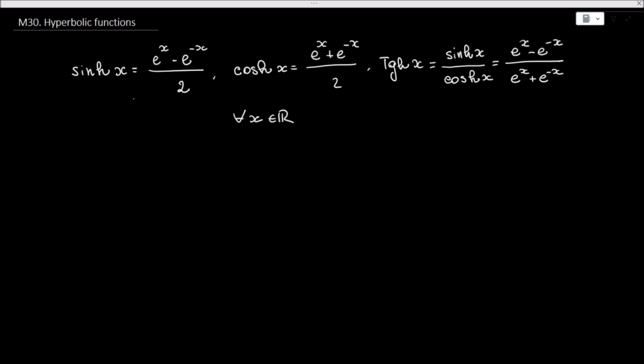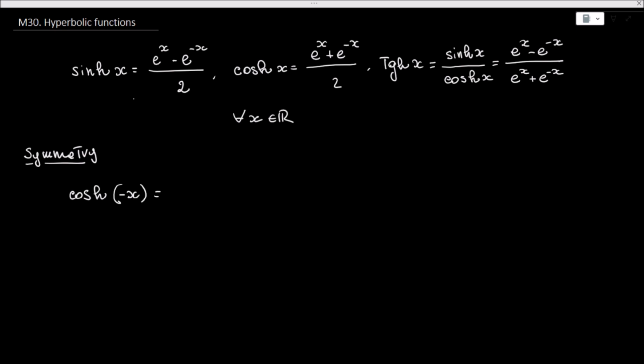Let's start by discussing the symmetry of these functions, which is to say that we want to establish if these functions are even or odd. Okay, let's start with the hyperbolic cosine of x, and let's see what is the hyperbolic cosine of minus x.